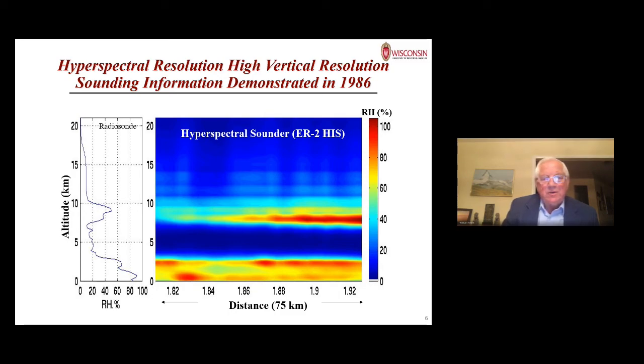And then we had a radiosonde launch right about midway through this flight. So this is a balloon measurement, a radiosonde measurement that was taken to validate the structure we were seeing with our aircraft instrument.